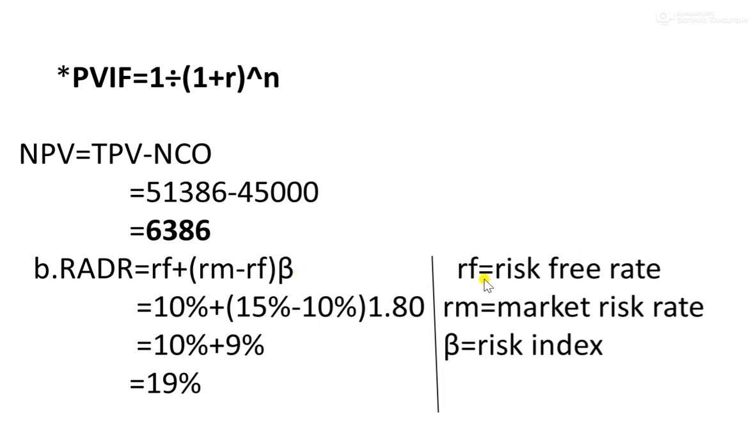And this is the introduction of these signs: RF equal to risk free rate, RM equal to market risk rate, and beta equal to risk index.